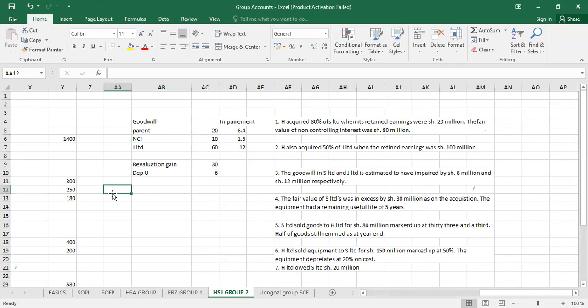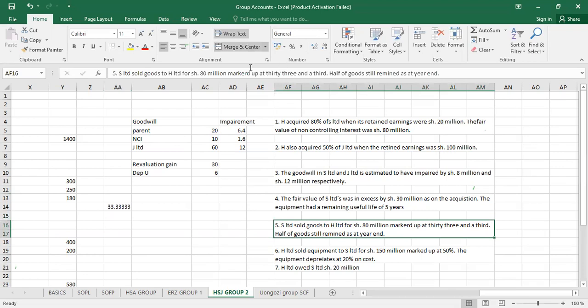To change it, 33 and a third is 1 over 3, so you multiply by 3, then you add 1, so it will be 100 over 3. This one is marked up. This is markup.